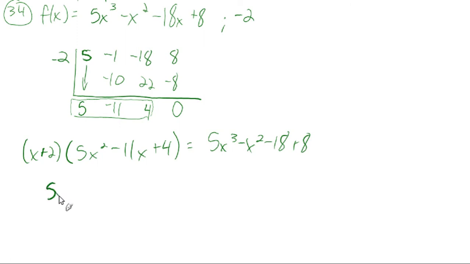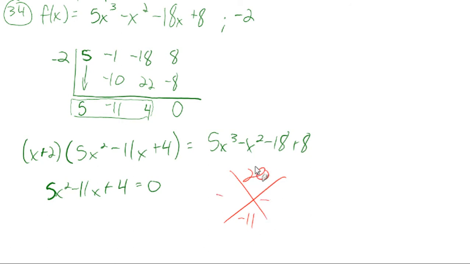So we'll take 5x squared minus 11x plus 4 and set it equal to 0 to find the zeros. Now we have a coefficient here that's not a 1, so we'll use this. 5 times 4 is 20. And we put a negative 11 down here. What multiplies to make a positive and adds to make a negative? 2 negatives.